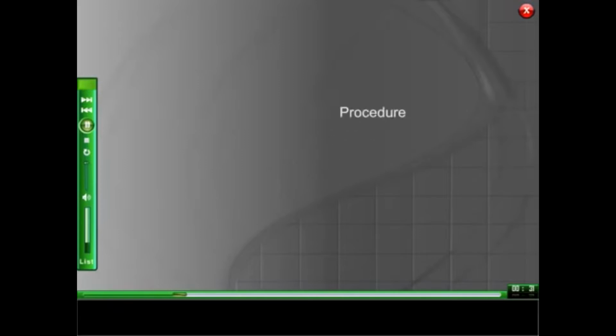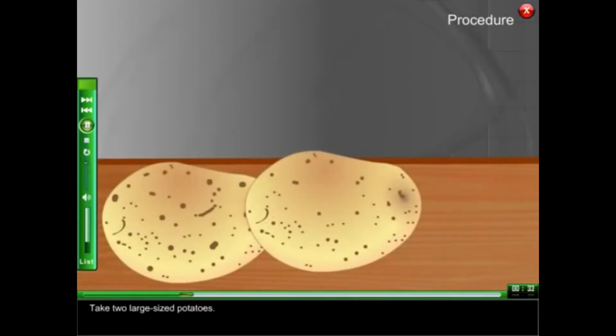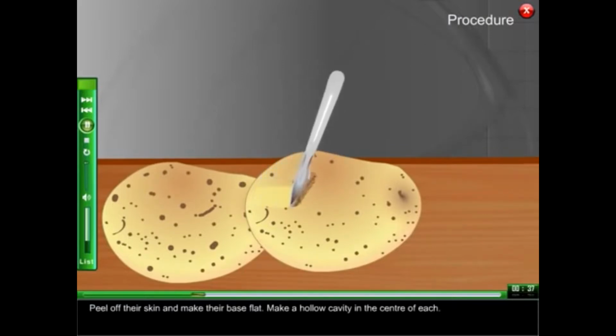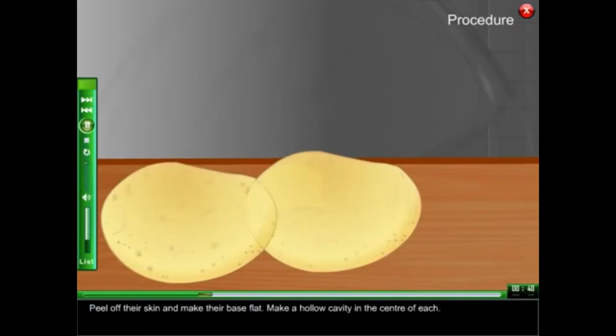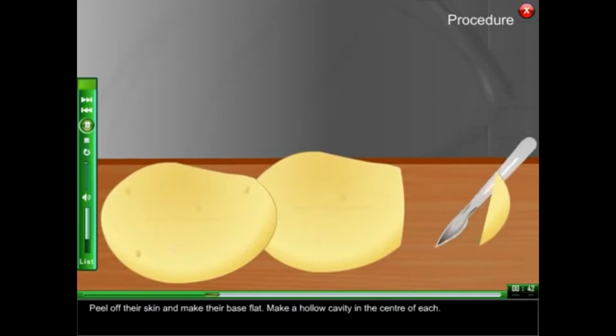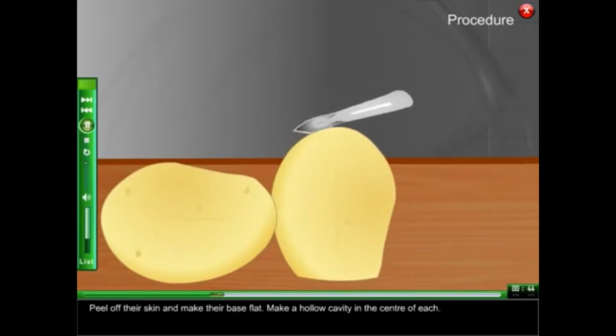Procedure: take 2 large-sized potatoes. Peel off their skin and make their base flat. Make a hollow cavity in the center of each.